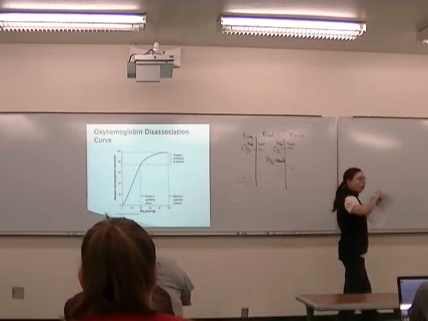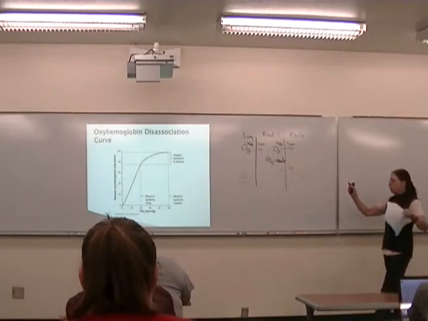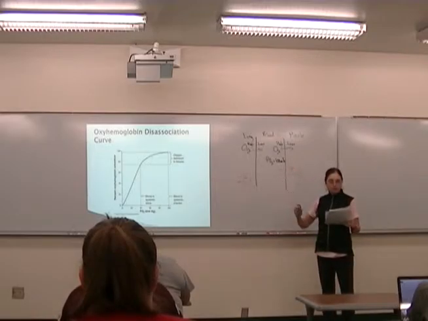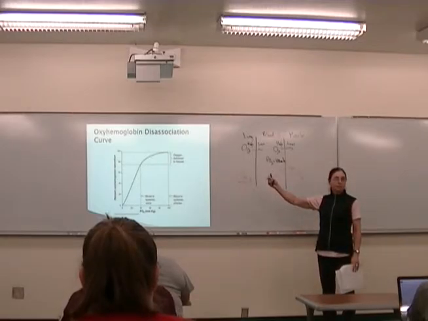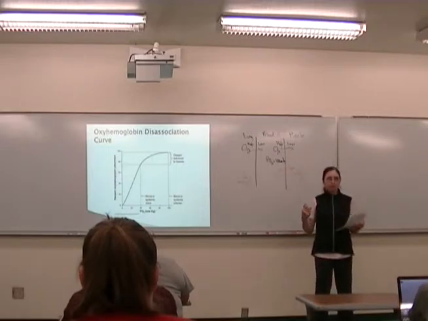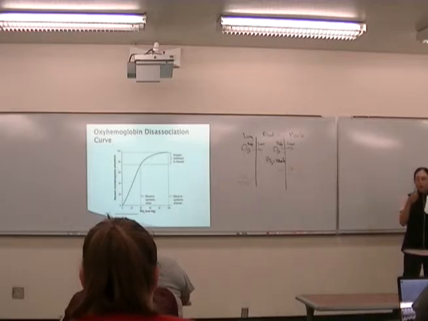So when you're looking at this curve, you want to look at the big picture, not the tiny little details, all right? Because it does get pretty complicated. What I want to know is, how do we increase the ability to get the oxygen off, right? How do I cut the hemoglobin kind of tie to the oxygen?